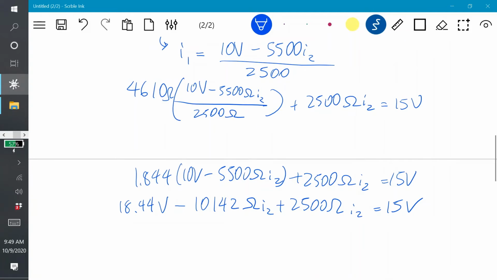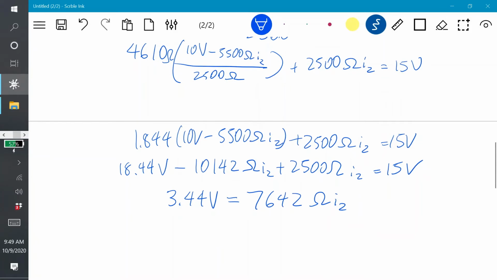So that means this simplifies down to 3.44 volts equals 7642 ohms I2, which means that I2 should be 4.50 times 10 to the negative 4 amps.